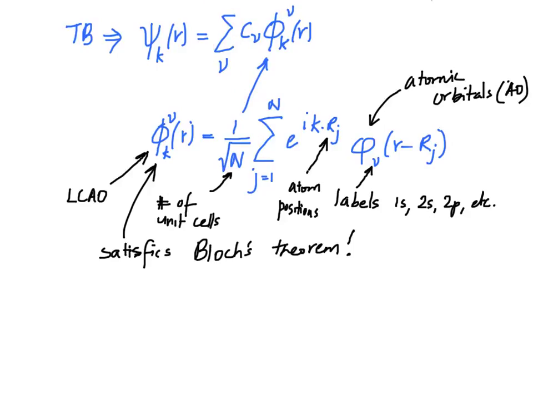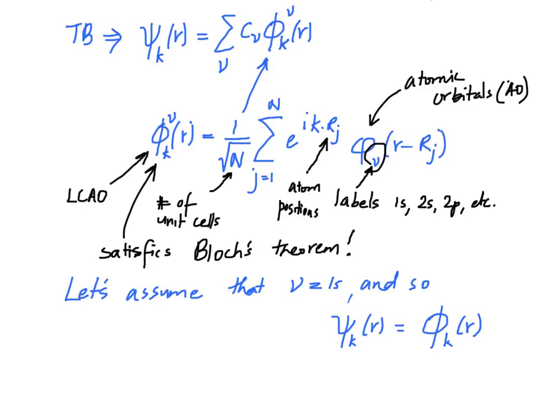Note that this is a sum over all atomic orbitals, by construction. So by saying that nu can take on only one value, the 1s value, we can get rid of this particular summation. We have conveniently dropped the nu superscript, and since there is only one term within the summation, we can get rid of that C nu, and so our wave function psi k is equal to phi k.